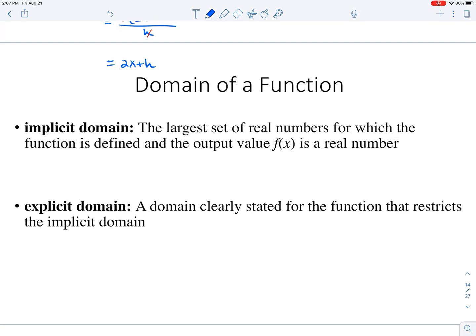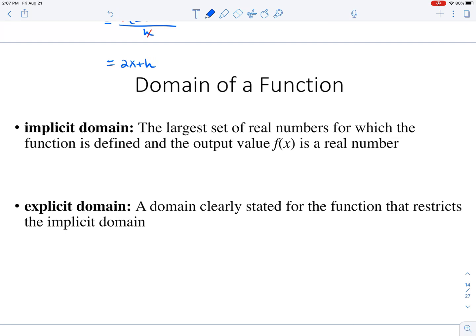An explicit domain is a domain that is clearly stated and restricts the implicit domain. So this will happen often when a function models a real life situation. Let's say the input represents something like time. Time can't be negative. So in that case, the domain would need to be restricted.